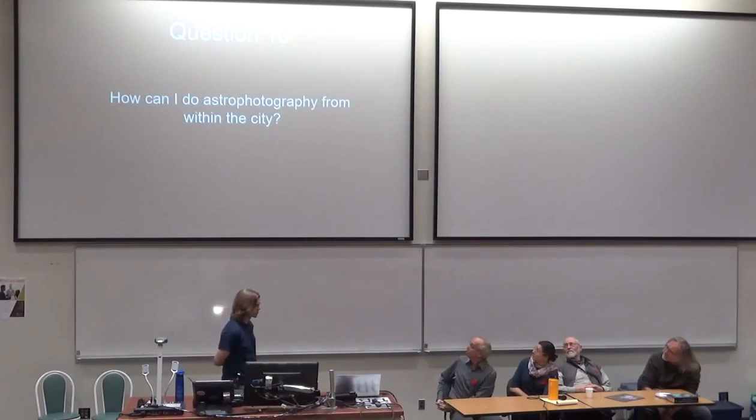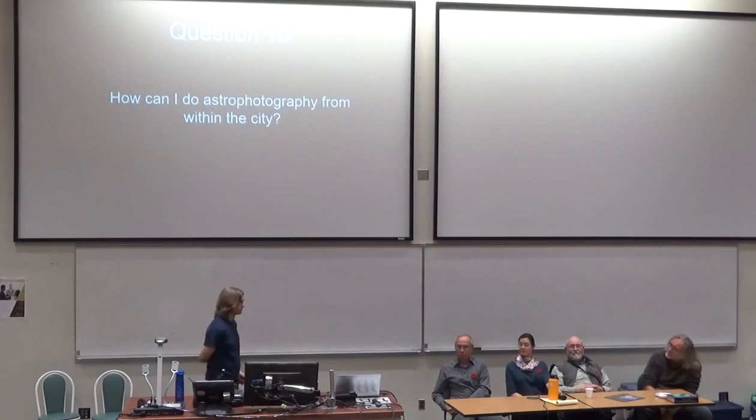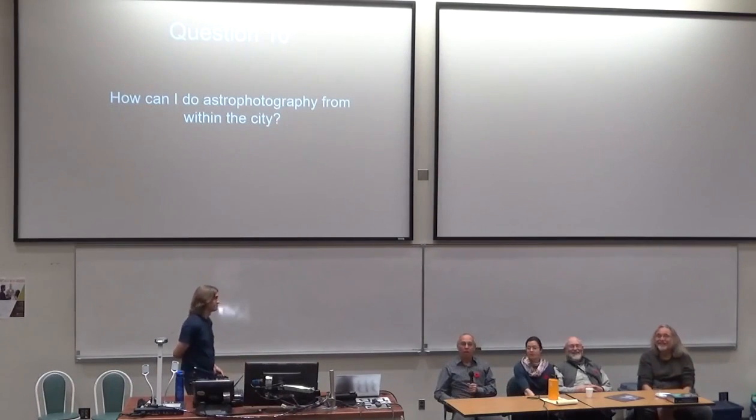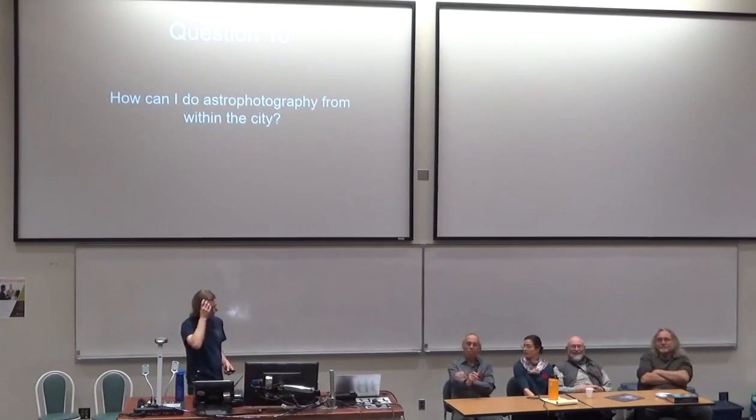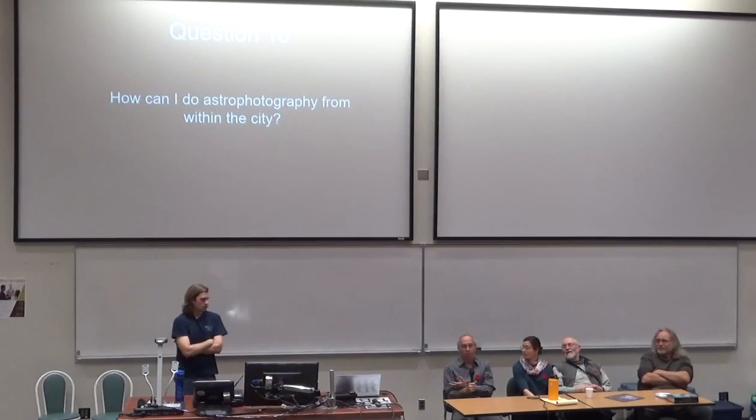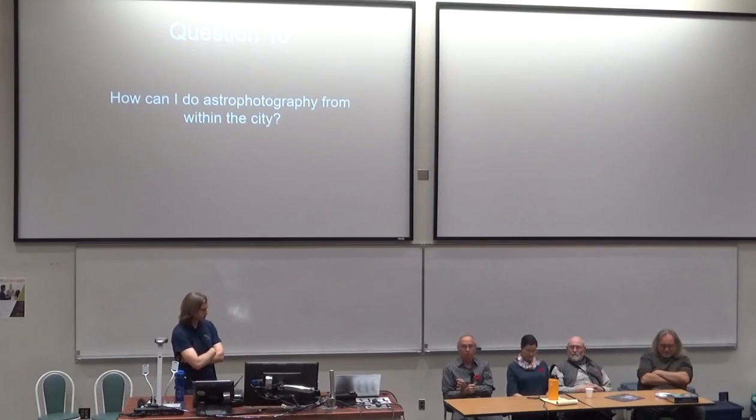How about you ask for photography from within the city? Well, you can. The day of digital cameras is the thing that has really changed things. When you take a digital image, you can later go back and process it.